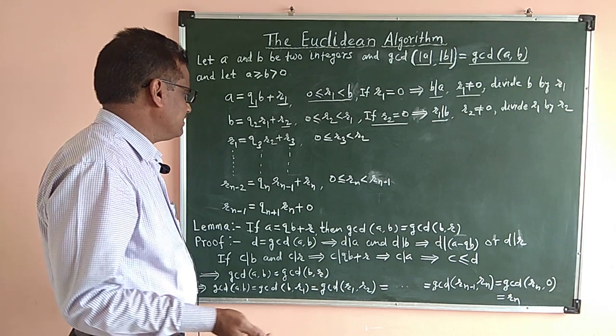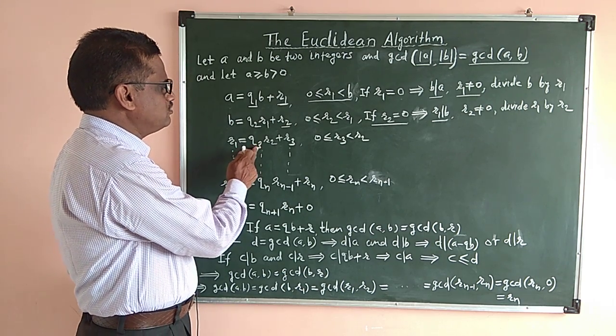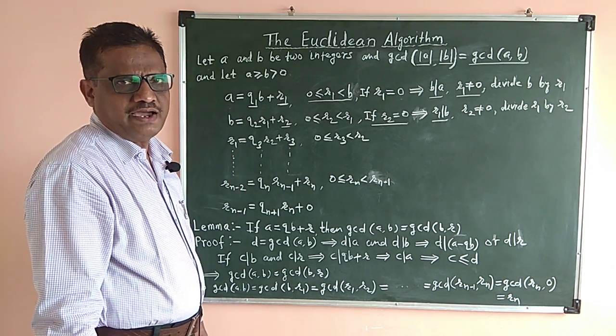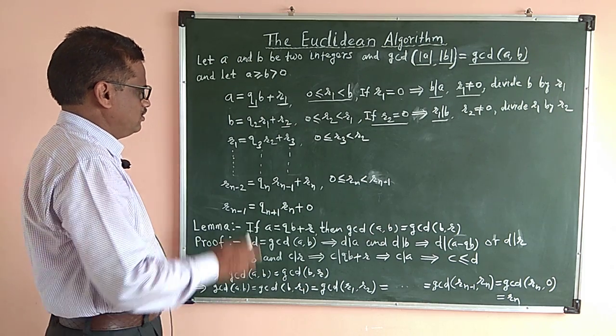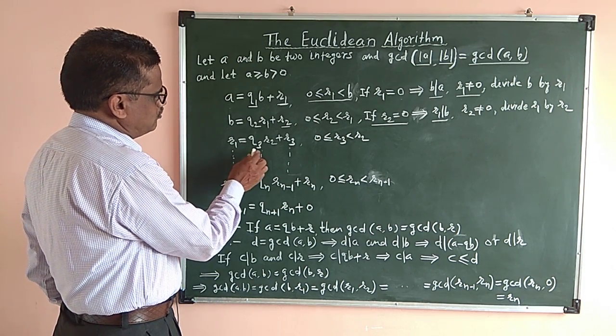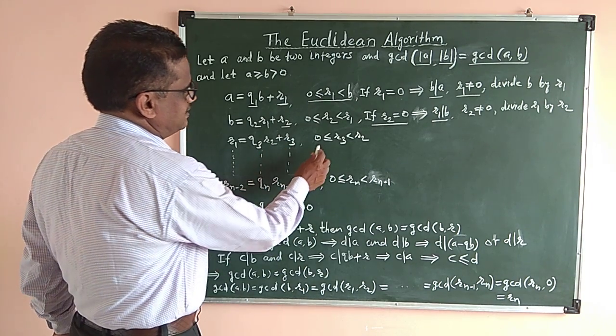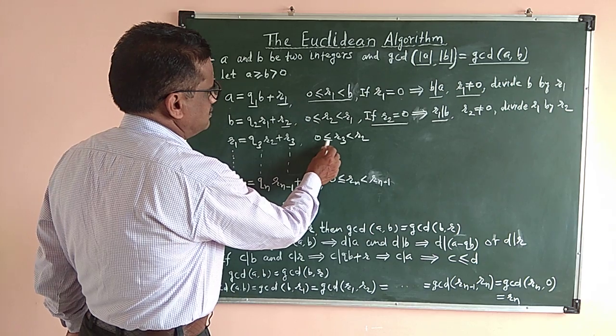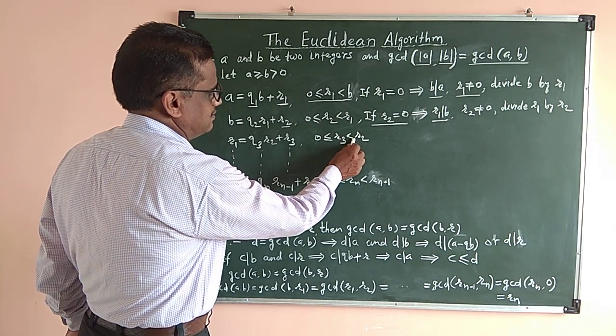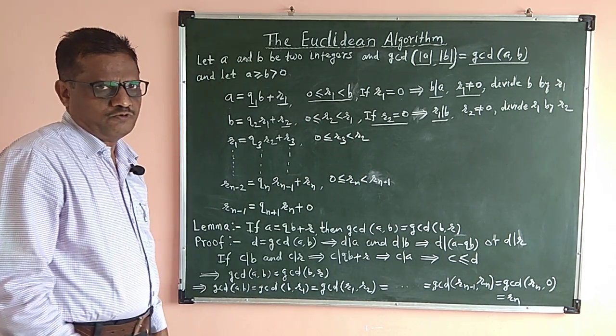Again there exist integers Q3 and R3. By the division algorithm, we get R1 is equal to Q3 R2 plus R3, with the inequality 0 is less than or equal to R3, which is less than R2.